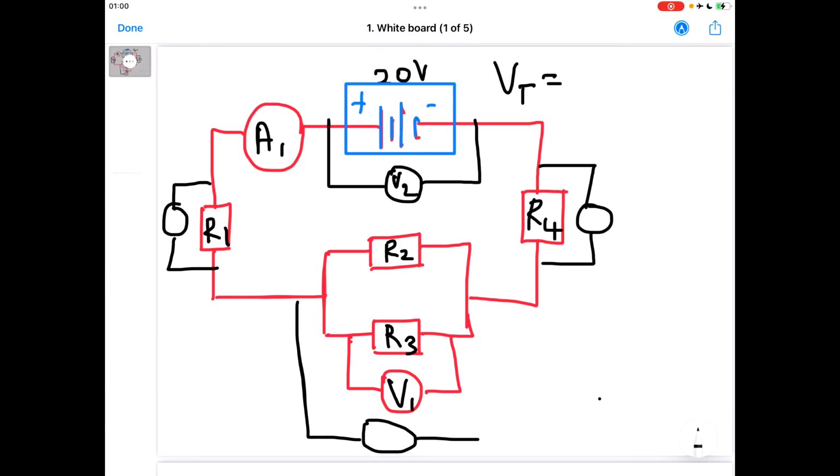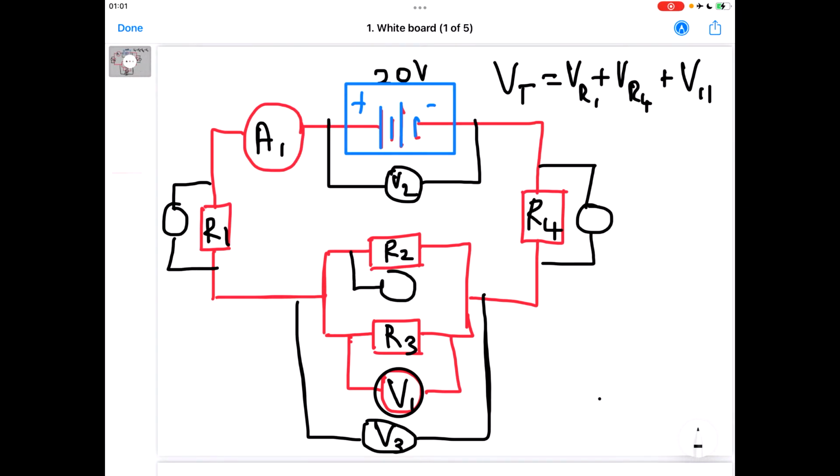So that means the V of R1 plus the V of R4 plus the V of the parallel. And now this is where we say V3, the V of the parallel, is the same as the V of R1, and also the same as the V of R2.